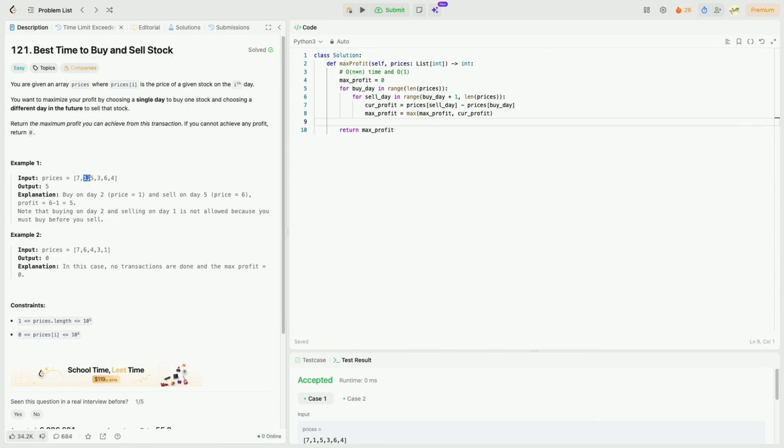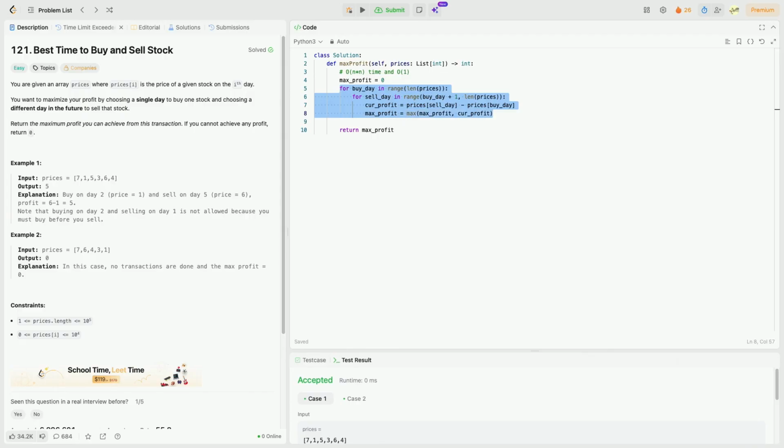Then we continue to iterate over the array until we reach a point where the price is smaller than 1. In the meantime, we check our difference between the current price and our buying price, and that's going to be our maximum profit. That will automatically find us the lowest price and the highest peak after we bought, and that will be a candidate for our max profit. So let's just do that.